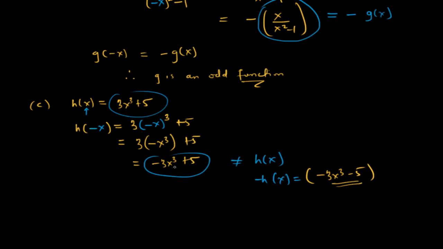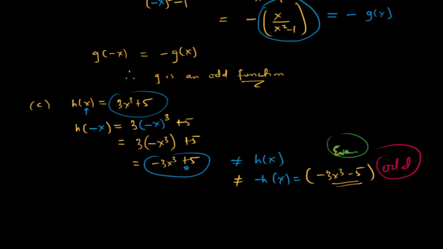But what we have here is negative 3x cubed plus 5, so this also does not equal the negation of the original function. So this is for the even condition, and this one is for the odd condition.